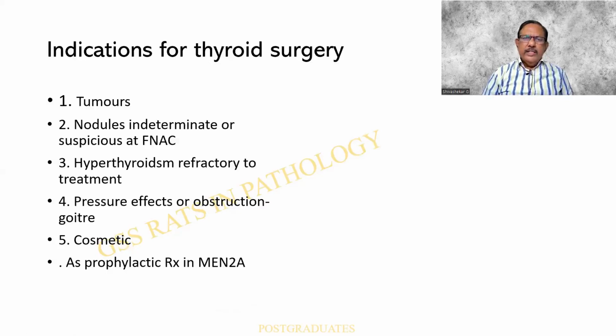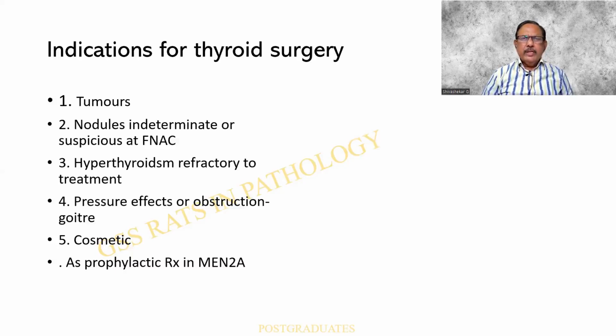Now, what are the indications for a thyroid surgery? Let us have this in mind. Why at all should we have a specimen? It can be straight away because of a tumor, or there are nodules which have been placed under suspicion by FNAC. We are not sure about it. Hyperthyroidism that is refractory to treatment, and pressure effects.